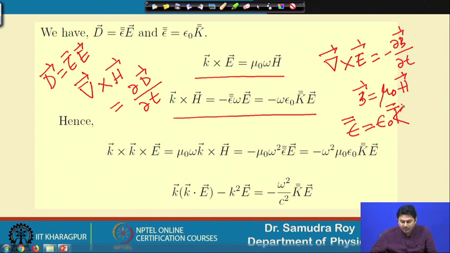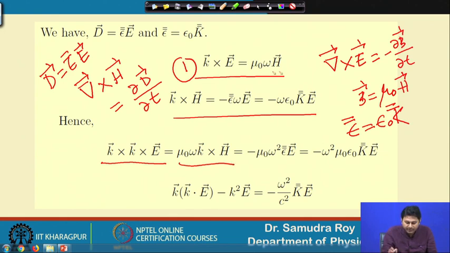I just replace all these things and I have two equations in my hand, which are essentially the two Maxwell's equations. Now, the way we derived the wave equation, here we will do the same thing, but the treatment is slightly different. In that case we operated curl over curl; here we will operate k over k. So, if I make a cross product of equation 1 on both sides, then I will have these terms.